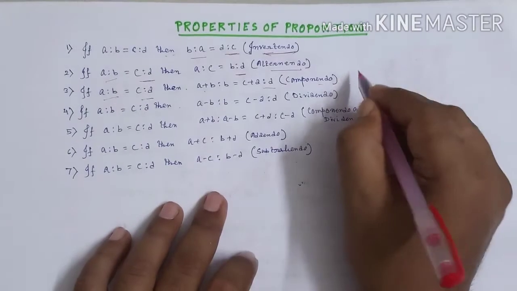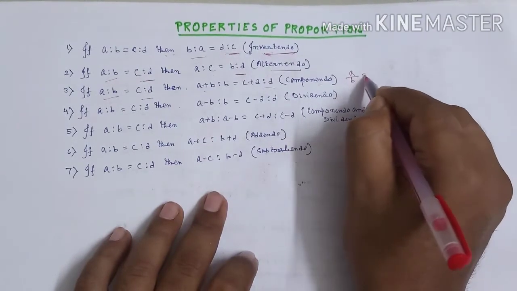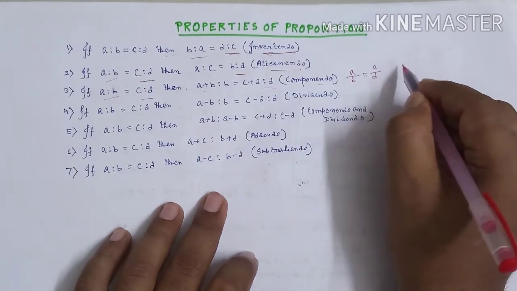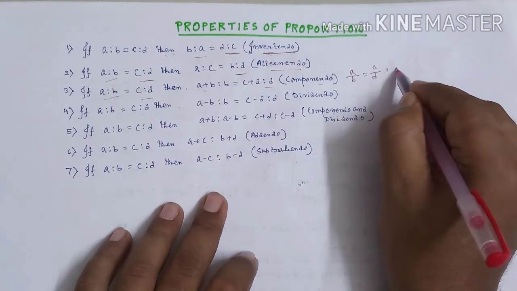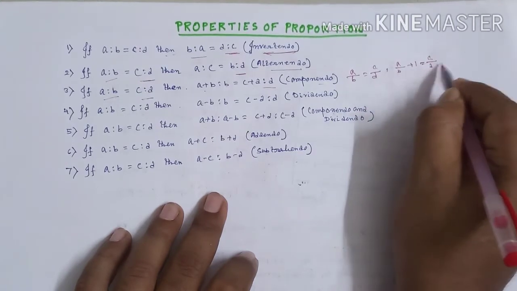So how does it come? A, B, C, D are in proportion, and A by B equal to C by D. If we add 1 on each side, then we get A by B plus 1 equal to C by D plus 1.